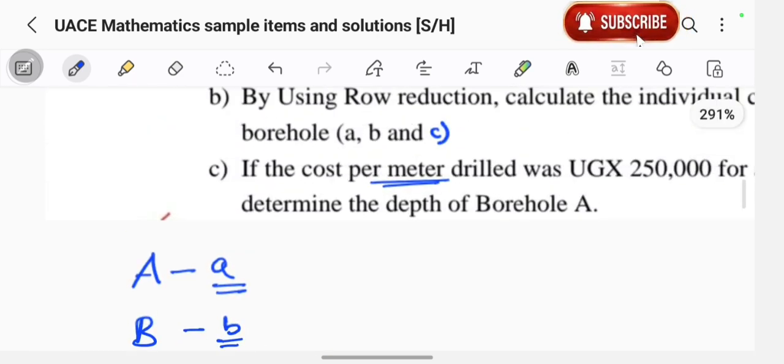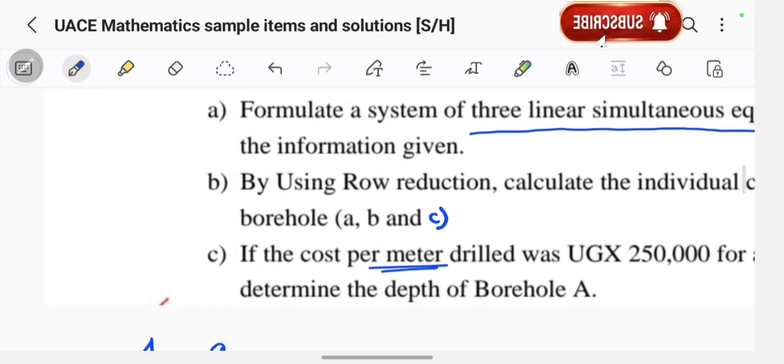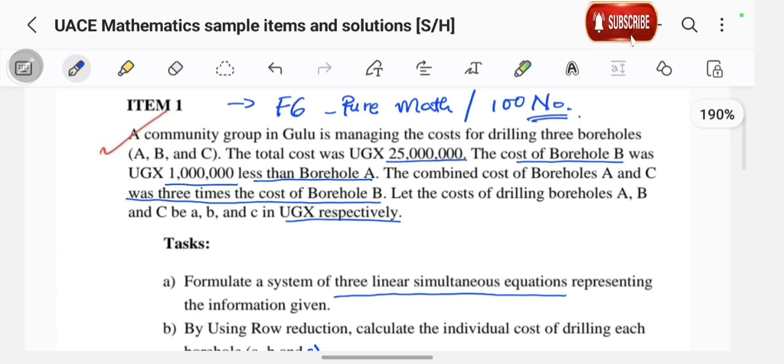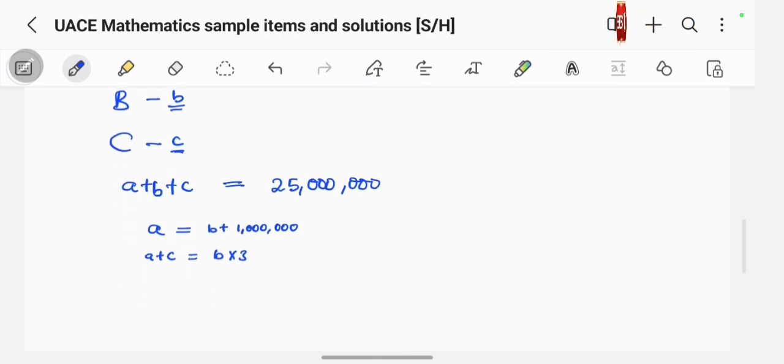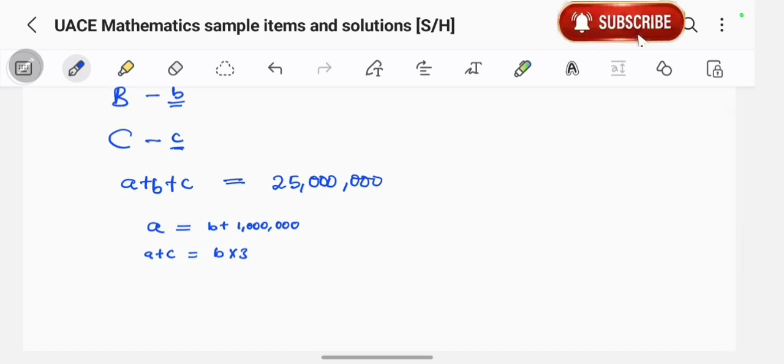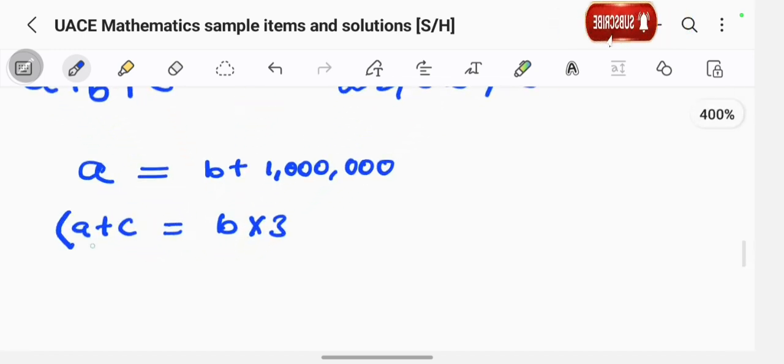It's coming from this point here: the combined cost of borehole A and C was 3 times the cost of borehole B. So this combined cost is greater than B by 3 times.